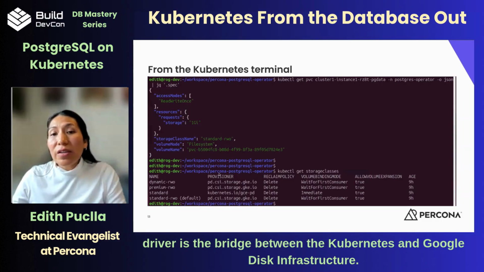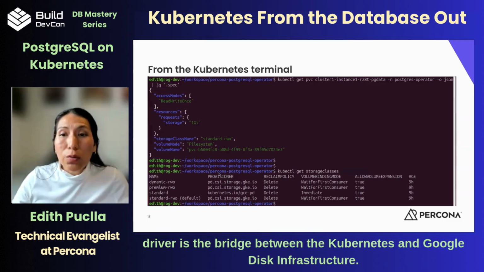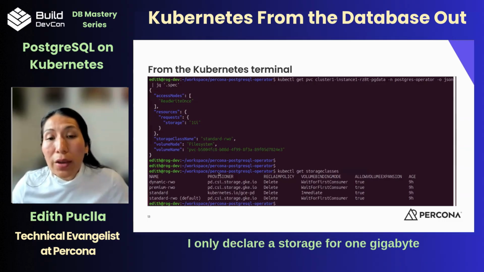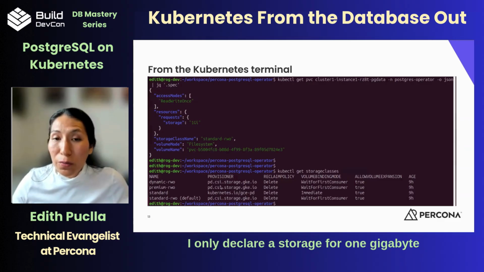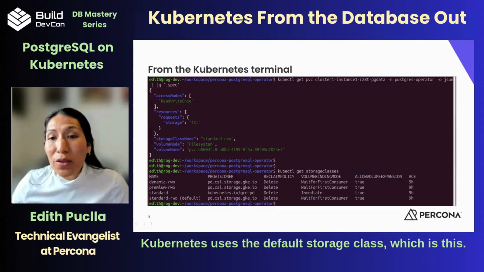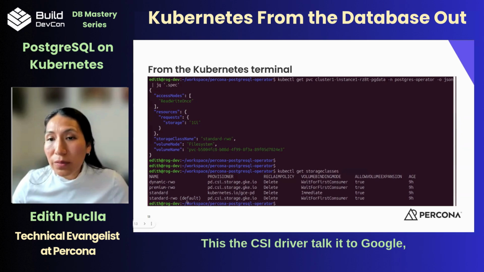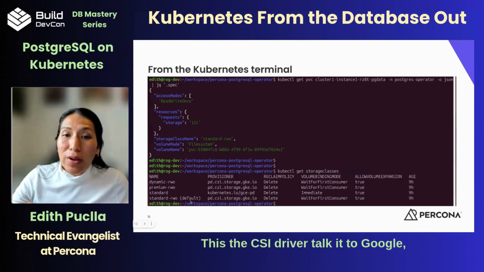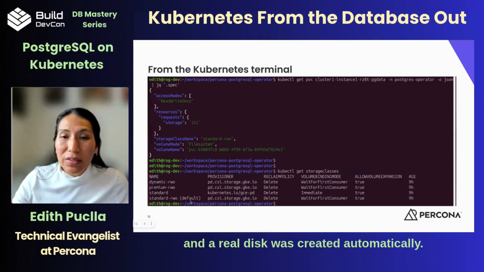The CSI driver is the bridge between Kubernetes and Google disk infrastructure. I only declared storage of 1 gigabyte in my custom resource. Kubernetes uses the default storage class, the CSI driver talked to Google, and a real disk was created automatically.